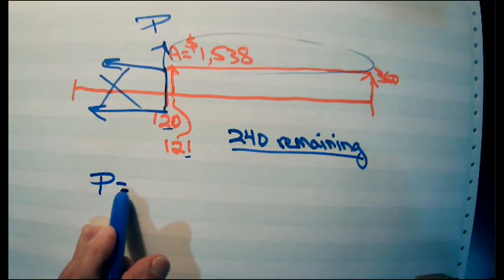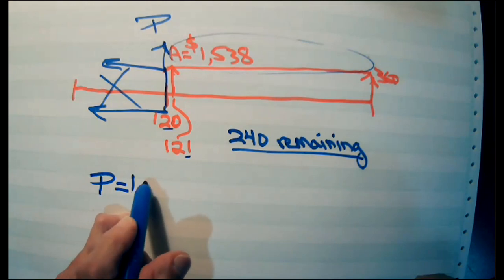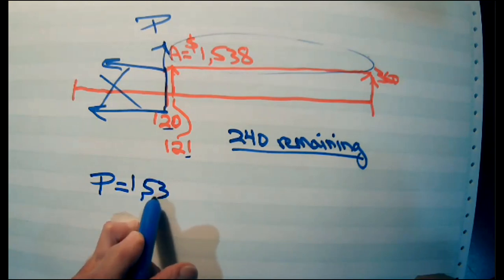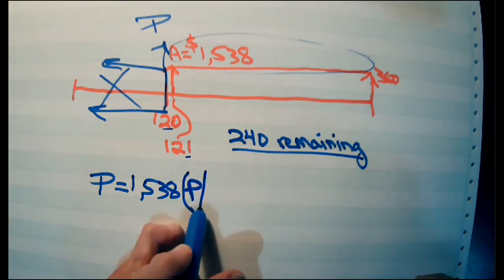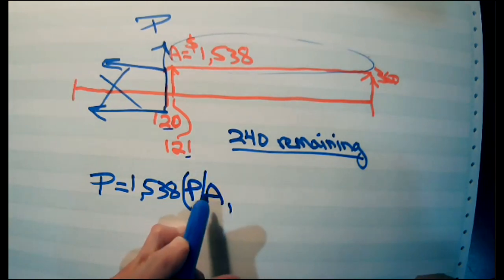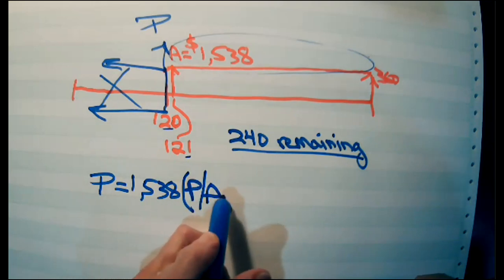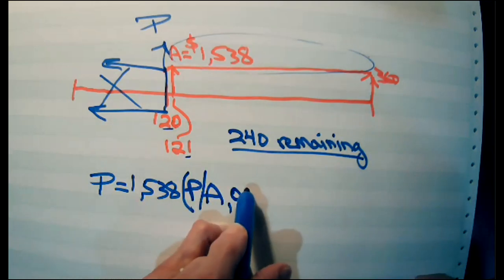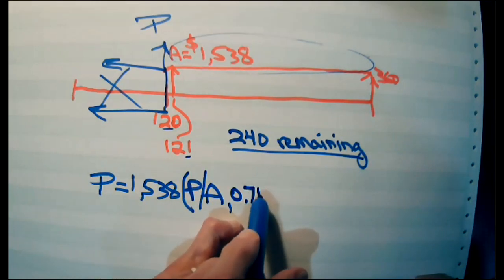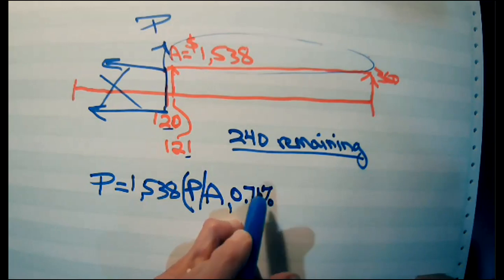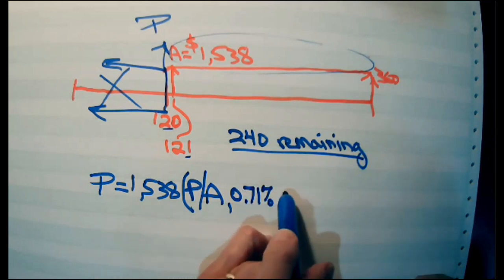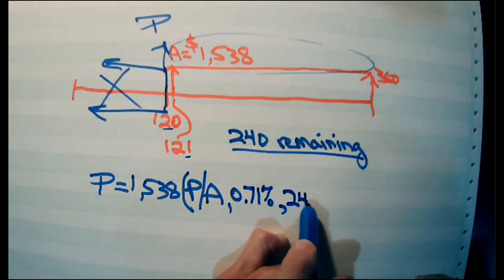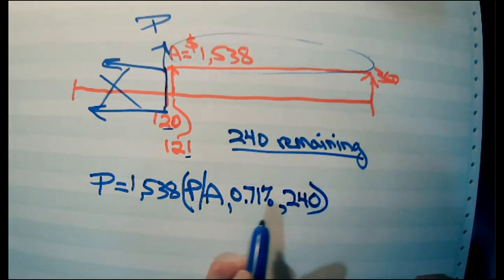P is equal to A, 1538, times P given A. That interest rate was, remember, 0.70083%, and the number of periods remaining, 240.